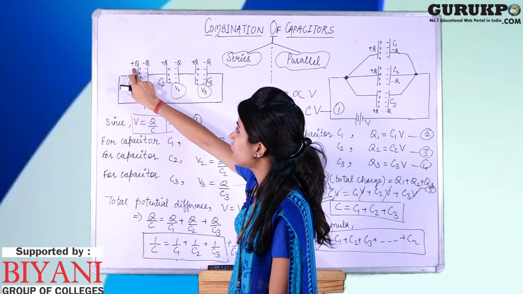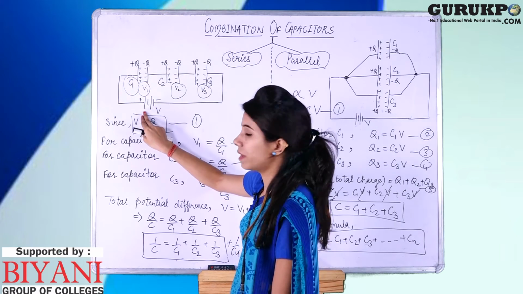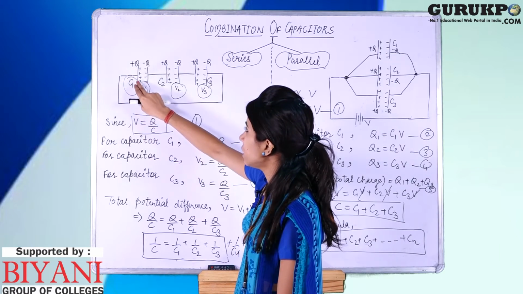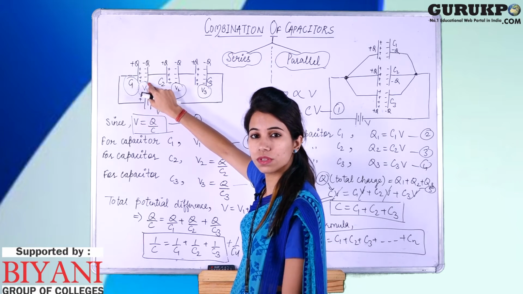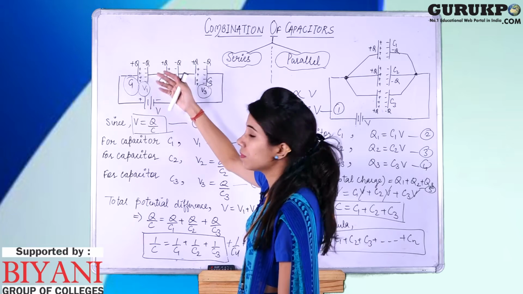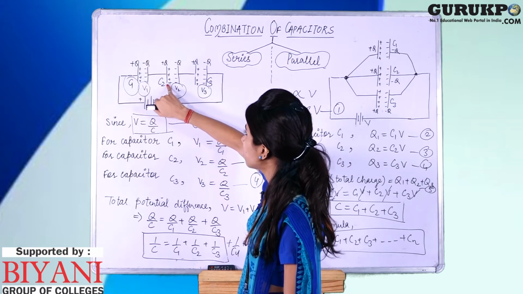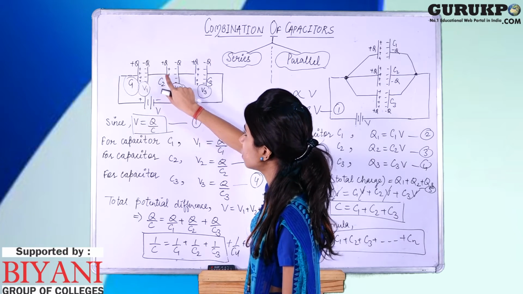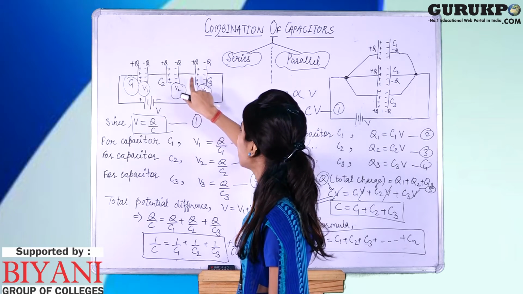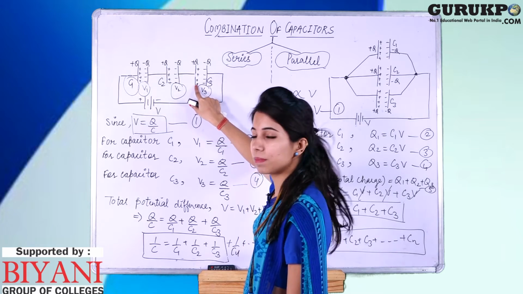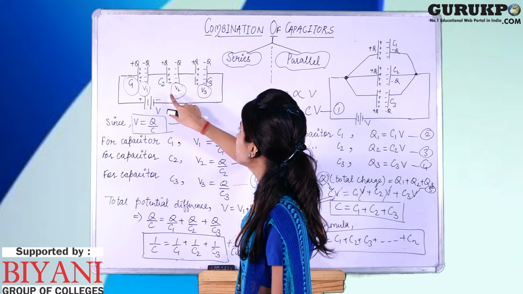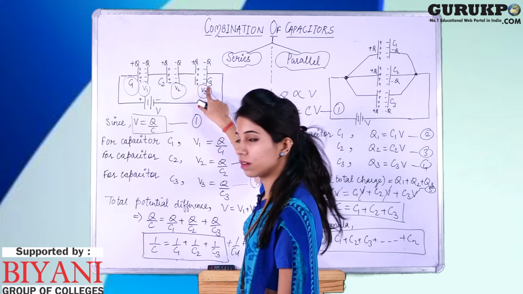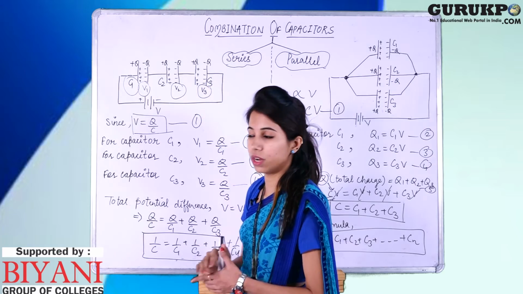So the first plate will have plus Q charge due to the battery. Due to induction, negative charge will be induced on the second plate of the first capacitor. Similarly, the first plate of the second capacitor will have plus Q charge, and the first plate of the third capacitor will also have plus Q charge, and the second plates of the second and third capacitors will have minus Q charge.